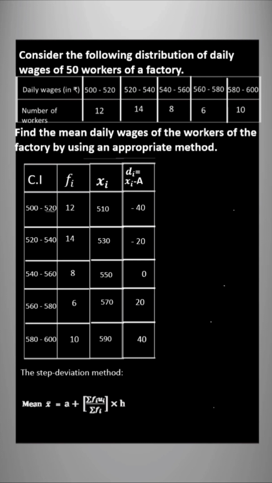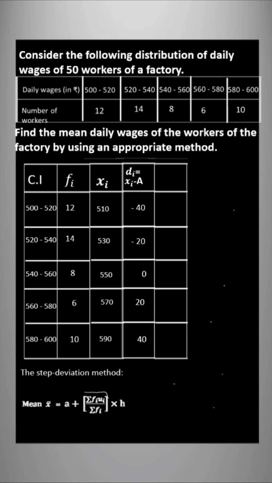Since the formula contains summation of fi ui, now let us compute ui. ui is equal to di upon h. As said earlier, h is equal to 20. 540 minus 520 is 20. So class size is 20 here.